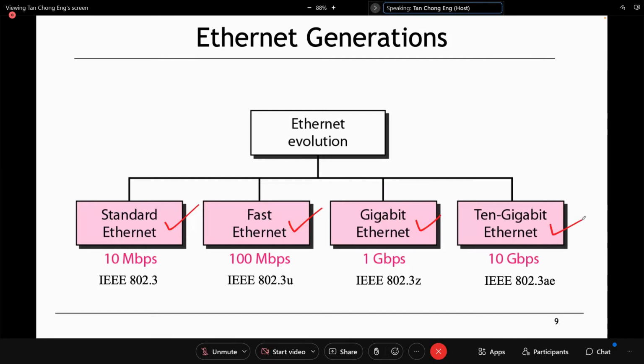That's why I say today most of our computers come with Gigabit Ethernet. It's downward compatible, so if you connect to a Fast Ethernet network, it can also operate. It will self-adjust to adapt to whatever standard is being used in the network. Each computer comes with a network adapter, and each network adapter has to comply with a standard.